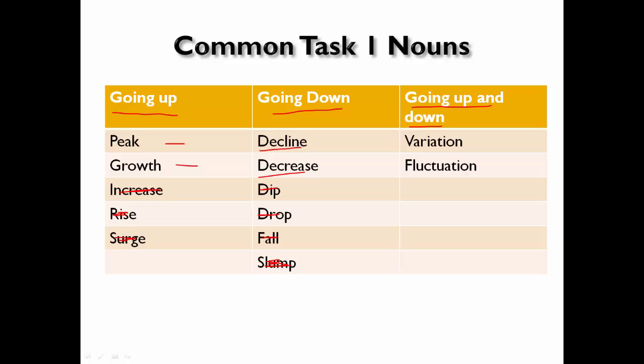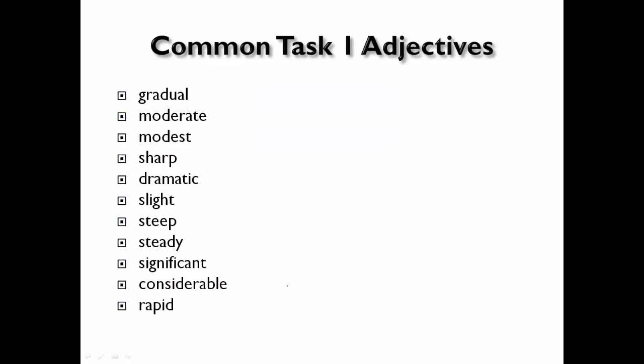It's really just a waste of time, because you will only talk about things going down maybe 2 or 3 times in the whole essay, and things going up maybe 2 or 3 times in the whole essay. So you don't need 6 different words to describe going down. So just pick the ones that you feel most comfortable about. And if there are any you don't understand, feel free to look them up in a dictionary.